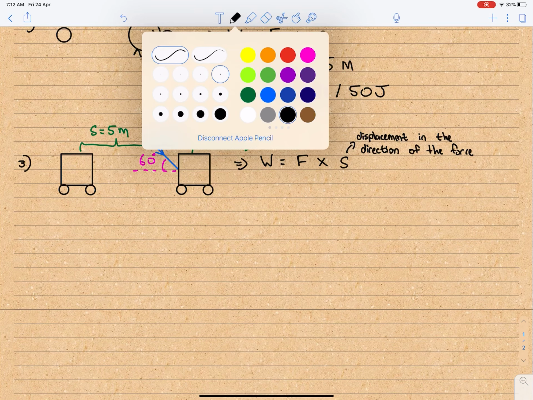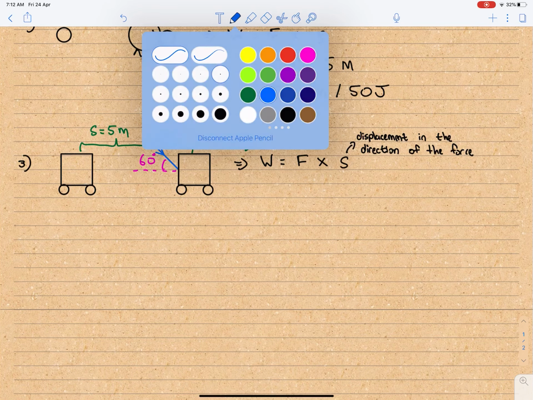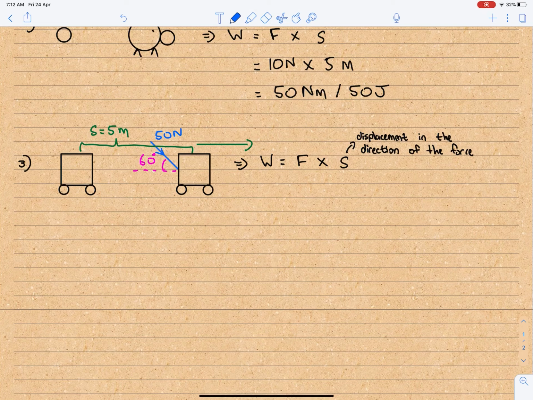So if we look at here, this is our force, going like this, F is equal to 50 Newton, and the displacement is going to the right hand side of the trolley, equals to 5 meters.